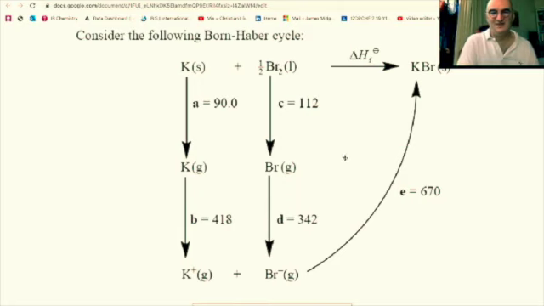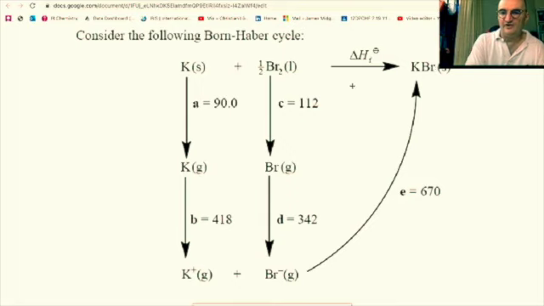Now, we can see here that all of this flows in the same direction. I'm showing my fingers on the screen, that's not going to work. Let's use the pointer. All of this flows in the same direction. So if I add all of these together, that will give me the enthalpy of formation for potassium plus half a bromine, making potassium bromide.